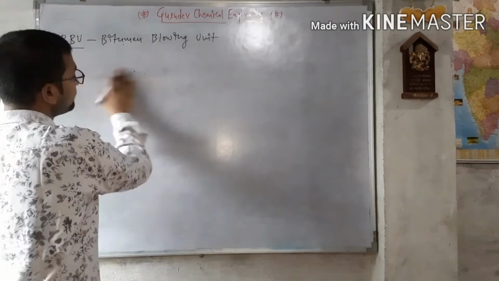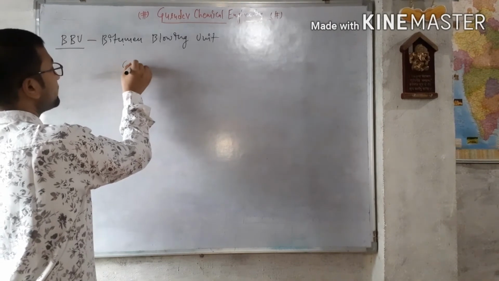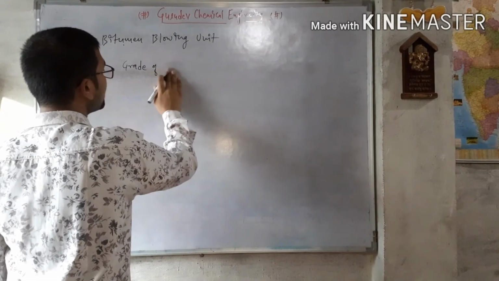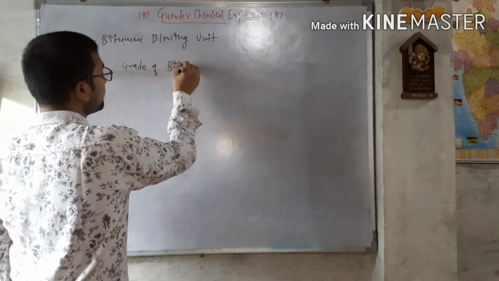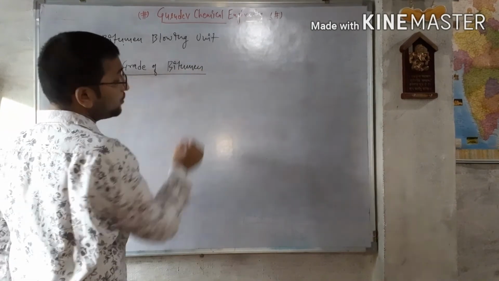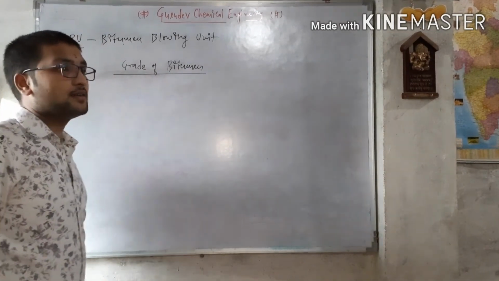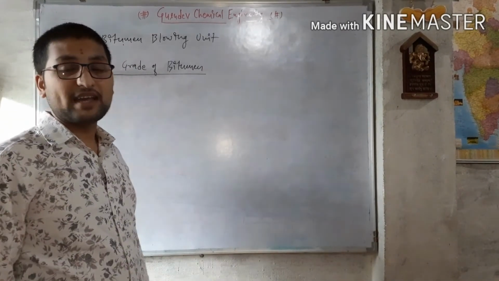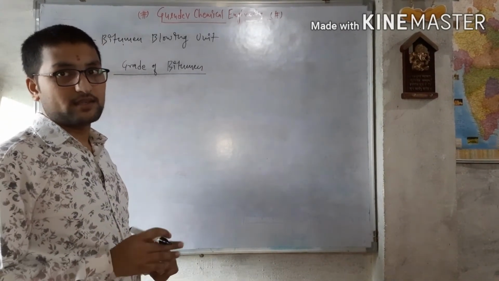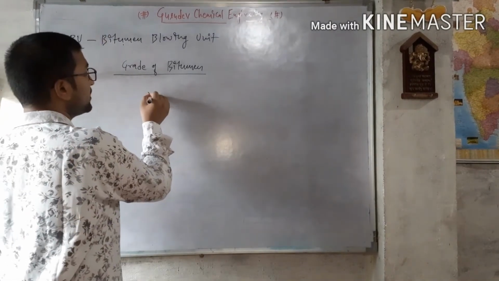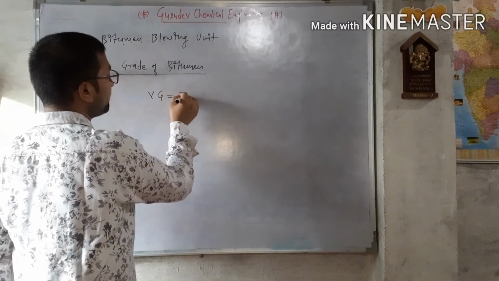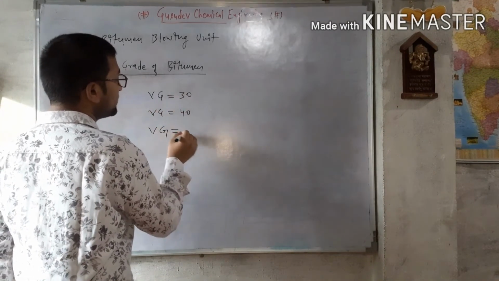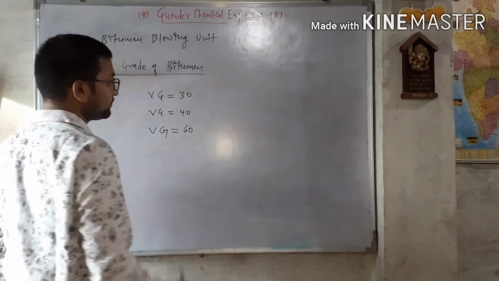Now we will discuss the grade of bitumen. There are three grades of bitumen applicable at present: VG 30, VG 40 and VG 60.